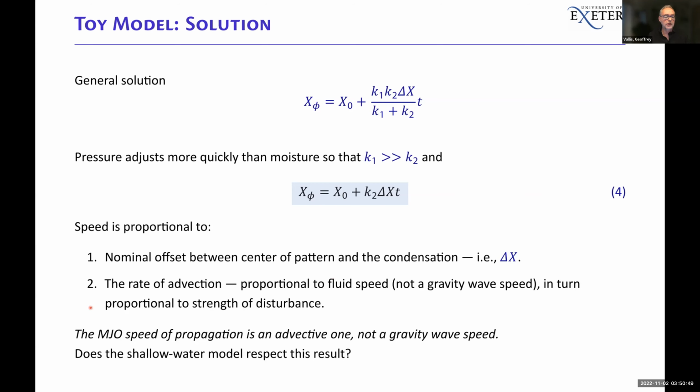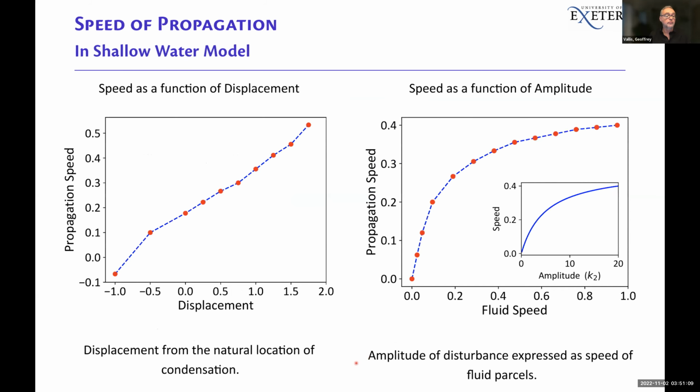So perhaps the new result here is that the MJO speed of propagation is an advective one. It's not a gravity wave speed. It's the speed at which moisture can actually be moved around. And I put a question here: does the shallow water model respect this result? It does.